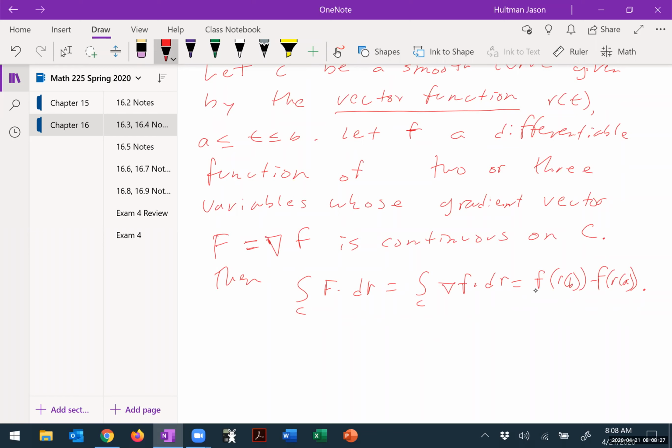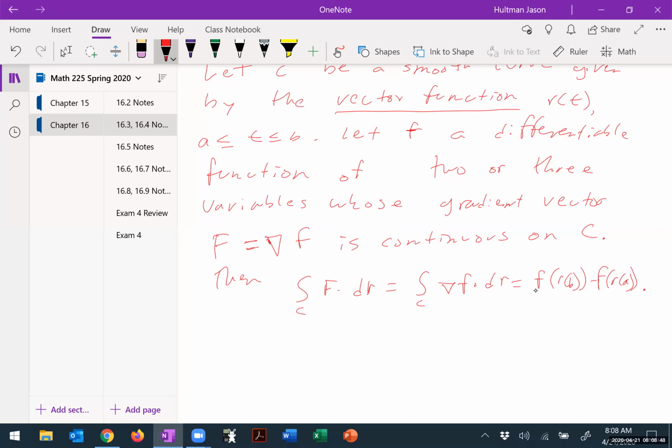Just think that we're taking kind of an antiderivative of an antiderivative here. We're going to get to what that really means in section 16.4 when we take a double integral.